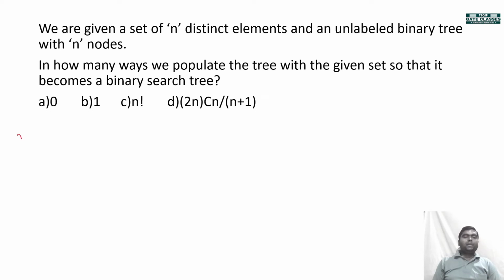As an example, let us take n equals 3 and take the values 10, 20, and 30. But we are given a particular unlabeled binary tree. Let us suppose the first case is given: this can be 30, this can be 20, and this can be 10.